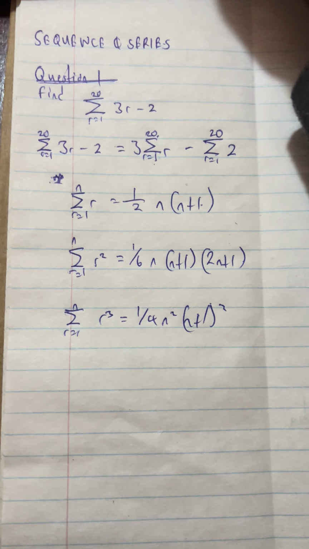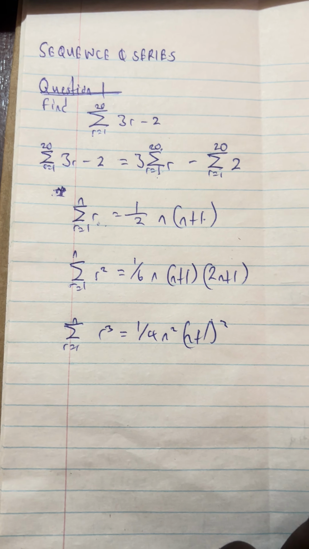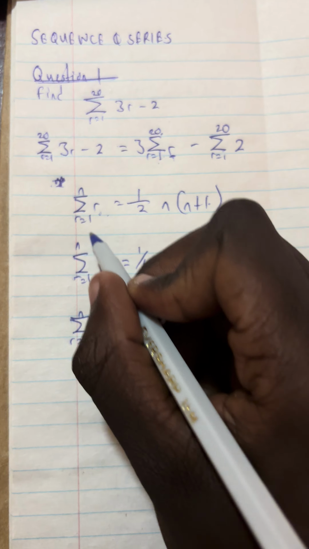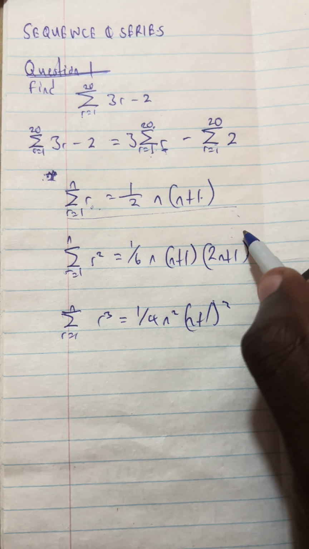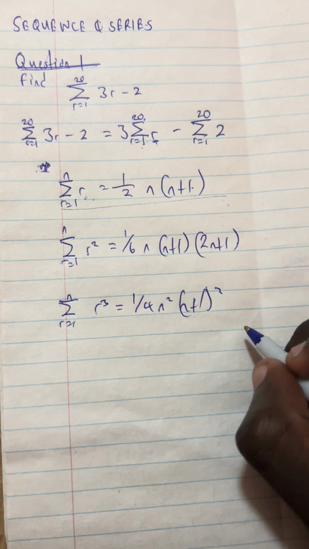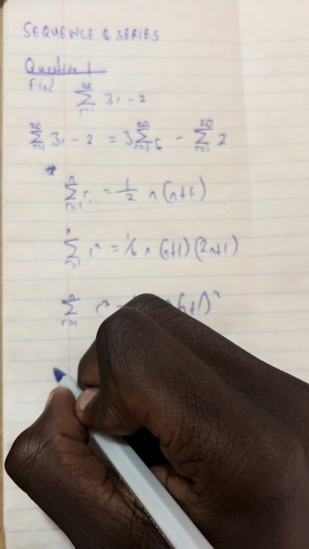So in this case, we are given r, so that means we use this one, right? My camera is becoming a bit blurry.